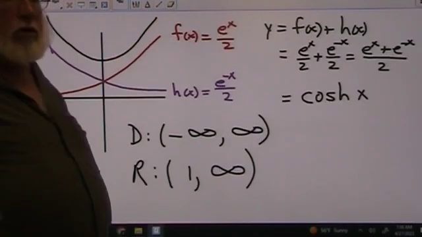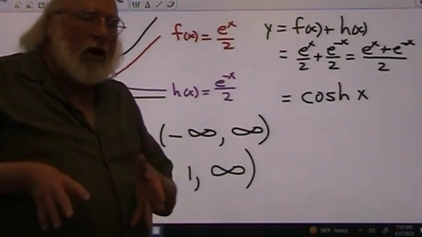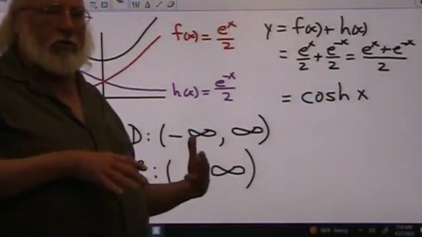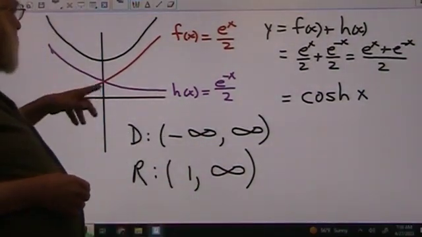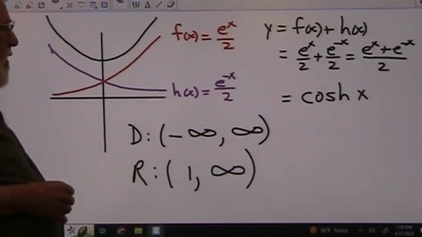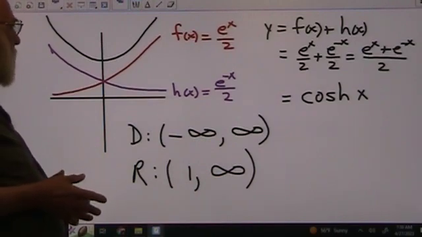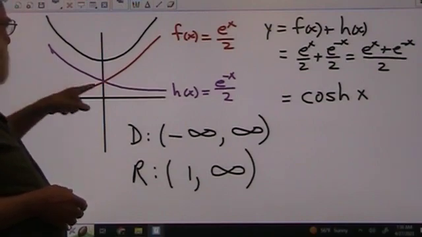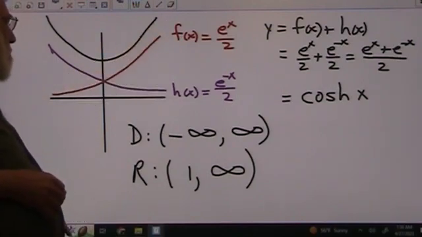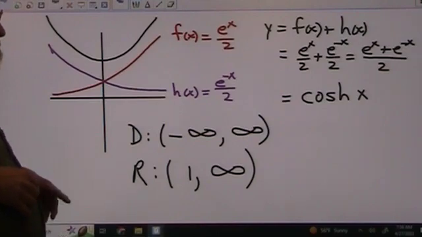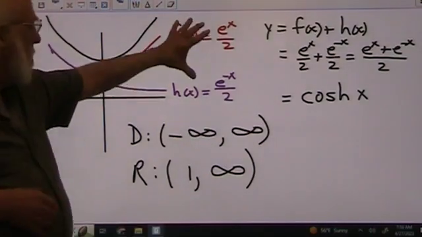And because of that, we can come up with all 6 trigonometric functions from a hyperbolic point of view, as opposed to a circular point of view. For this one right here, it turns out that the cosine version of the hyperbolic function is the result of the sum of these two functions right here, defined by e to the x plus e to the negative x over 2.